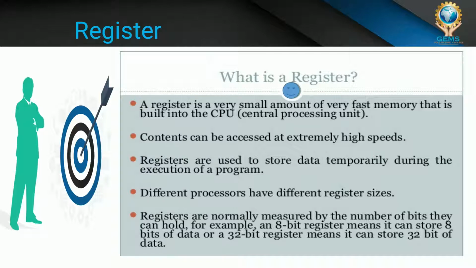These small vessels help us store our raw materials, like vegetables, rice, wheat. We use them like a memory to store data. We need some vessels to keep our raw material somewhere, and these help us do the cooking.